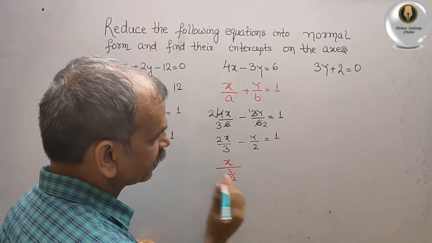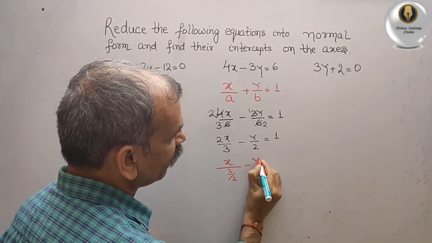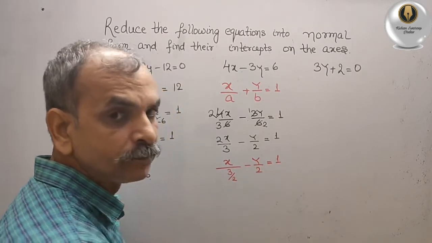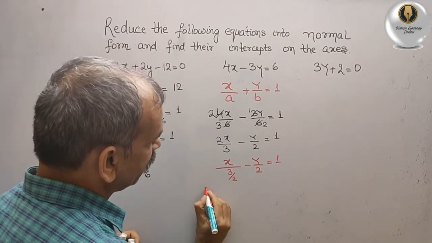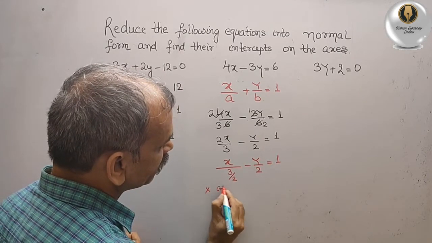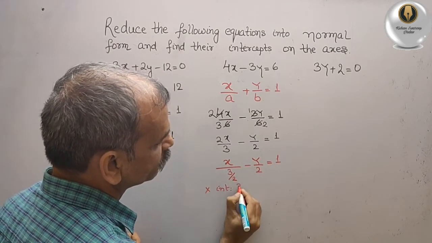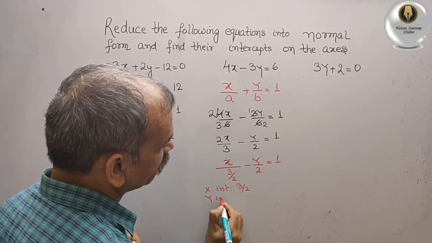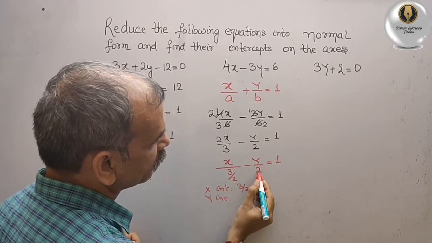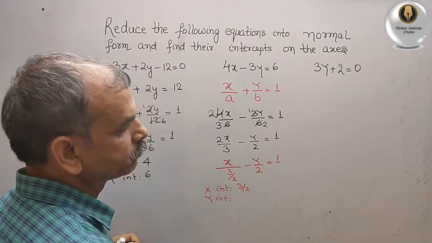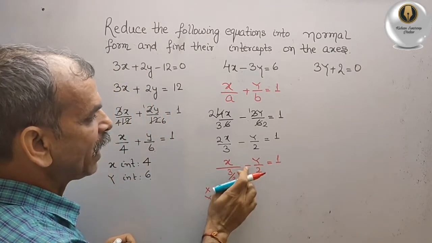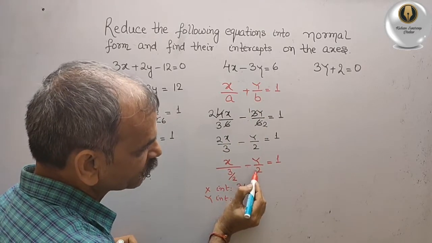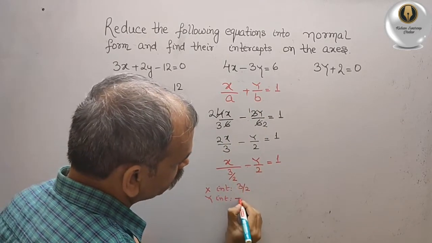So it will be like this, minus y by 2, that is equal to 1. Now we can say x intercept is 3 by 2 and y intercept is minus 2. Minus 2, y means here it is plus, so it will come as minus 2.